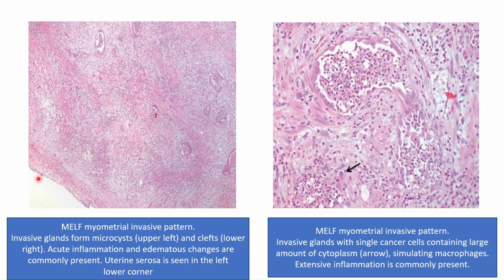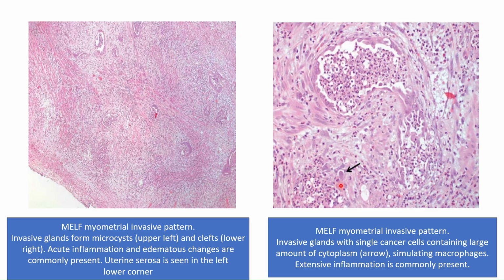Here in this section, this is the uterine serosa, and this is the MELF pattern. Here again the MELF pattern, where we can see small cystic glands, and some of these cells are singly present and contain a large amount of cytoplasm.